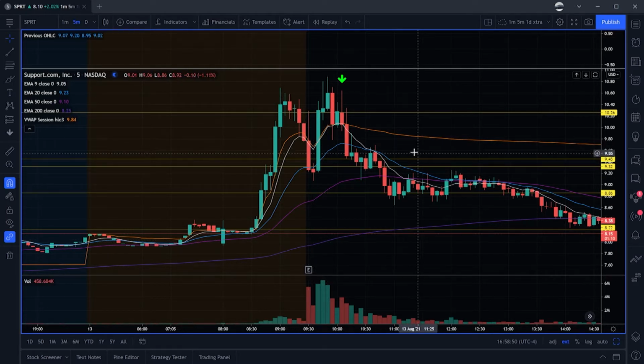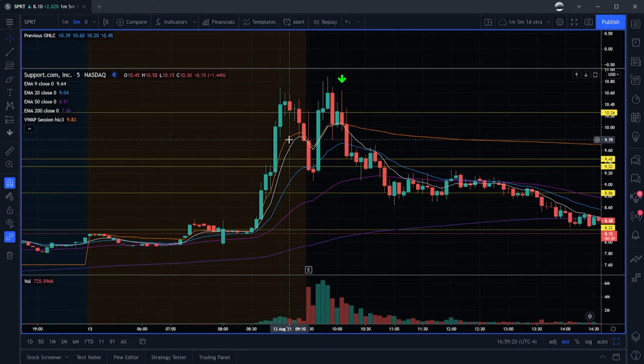You can notice here we have also VWAP, which is the volume weighted average price. Whereas the EMAs are an exponential moving average, meaning that they represent the average of the 9, 20, 50, 200 candles before the present one, giving a higher weight to the closest ones.